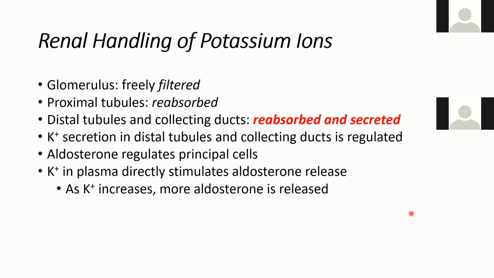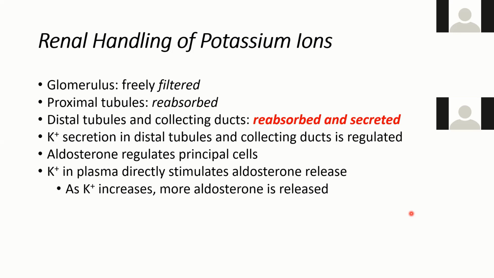Okay, so our potassium secretion in the distal tubules and the collecting ducts is going to be regulated. So that's under active control. It's not just happening automatically, and it's going to be happening through the action of aldosterone. So aldosterone, as it relates to potassium, like potassium in the plasma is going to directly stimulate aldosterone release.